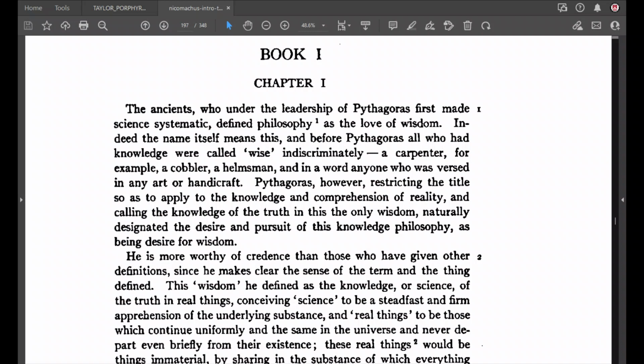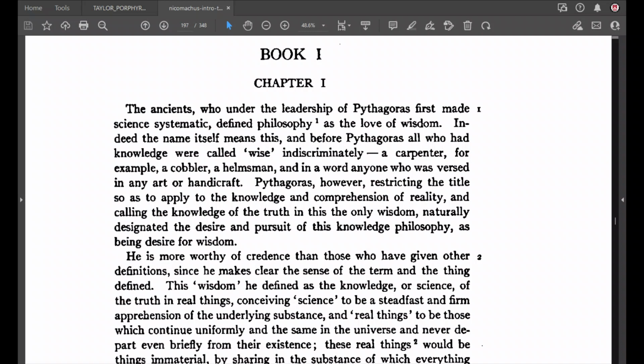So if a man said that he was a philosopher, it meant that he was a lover of wisdom. It meant that he pursued wisdom more or instead of anything else. The name itself means this. The name philosophy, philosophia in Greek, the name Sophia means wisdom. If you ever hear the name Sophia, it means wisdom.